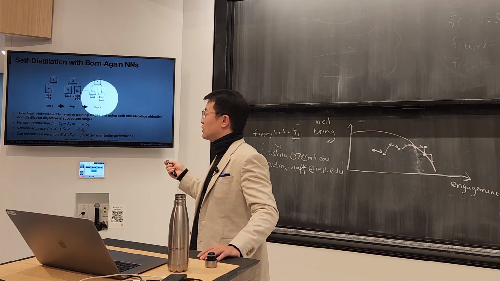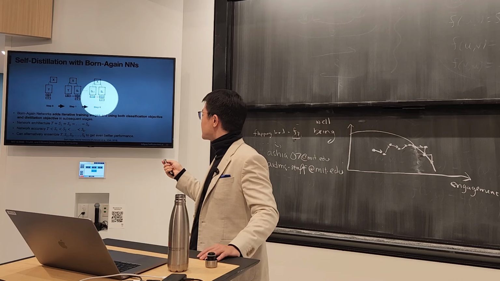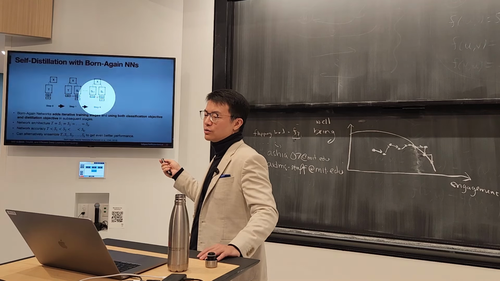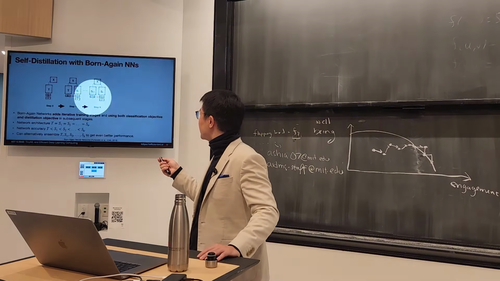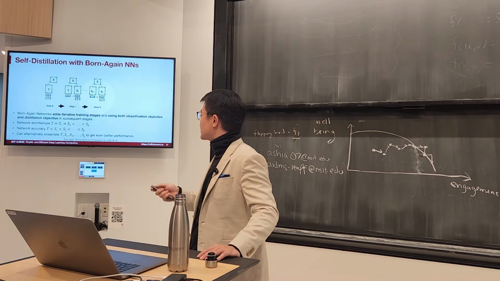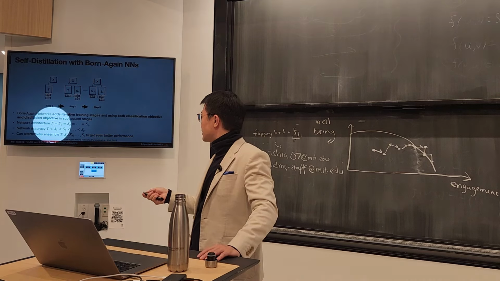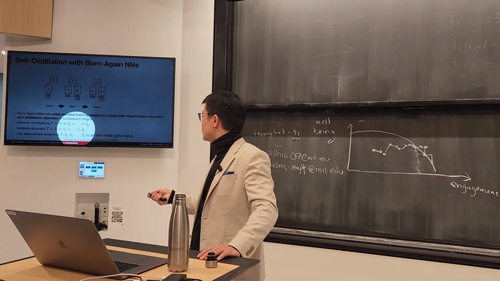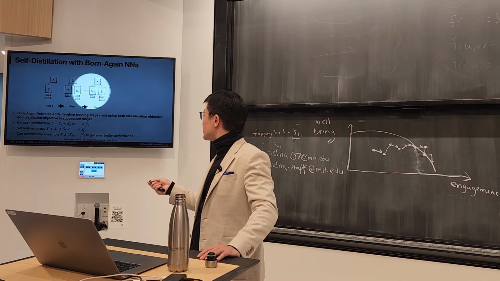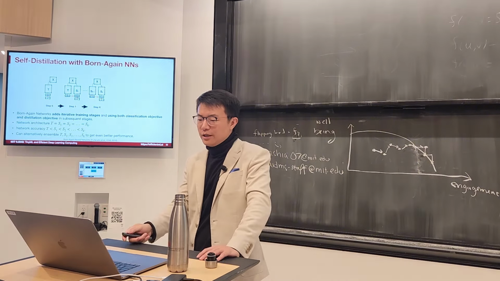Each step, we train with the cross entropy loss plus the distillation loss with the previous step. We use the previous step as a teacher to guide the next step. As a result, the students S1, S2, up to SK are getting better and better.